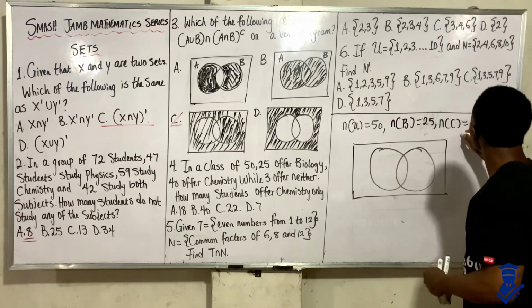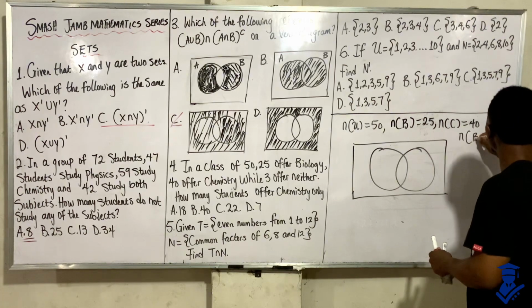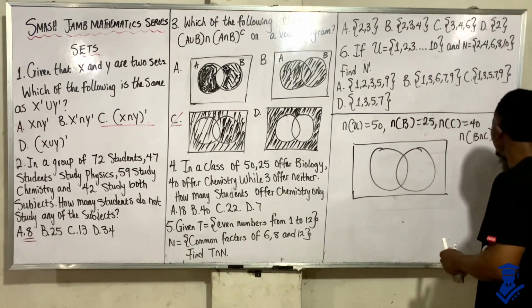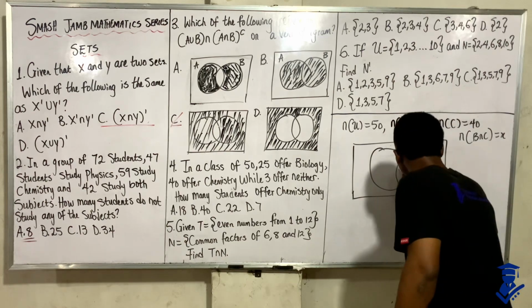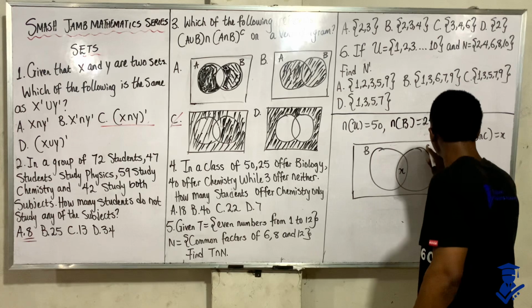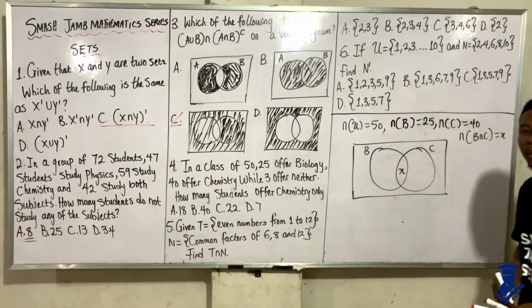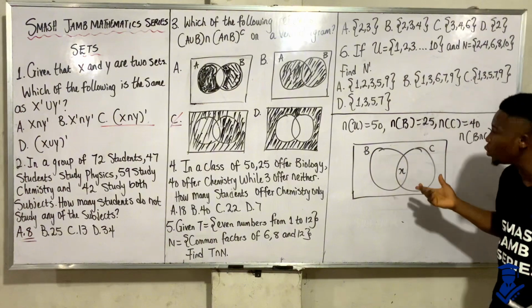So let's assume that number of B intersection C is equal to X. Alright? We have to find our intersection. So our intersection is X. Don't forget, this is B, biology. This is set C, which is chemistry. Alright? So we're assuming that the intersection between both of them is X because we do not know it.